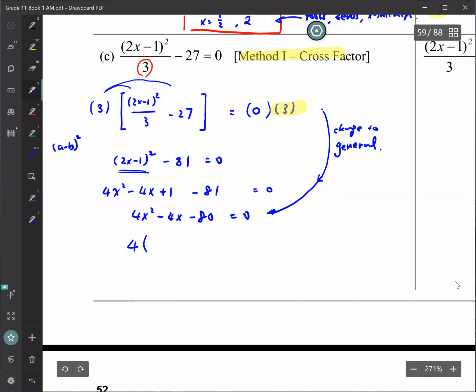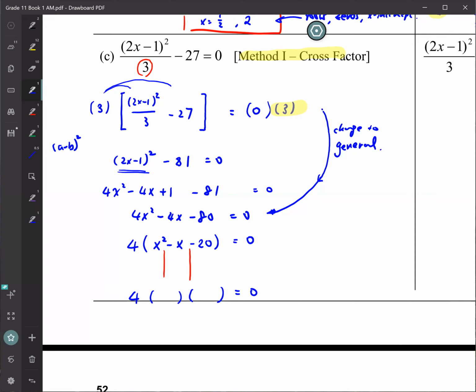So taking 4 out will be x squared minus x minus 20. And then you just focus on doing the cross factor on the remaining terms. The 4 will remain outside, just wait outside there. And then you find the pairs, and eventually you'll get 4 bracket bracket equals 0. So you can raise your hand once you're done factoring, okay?